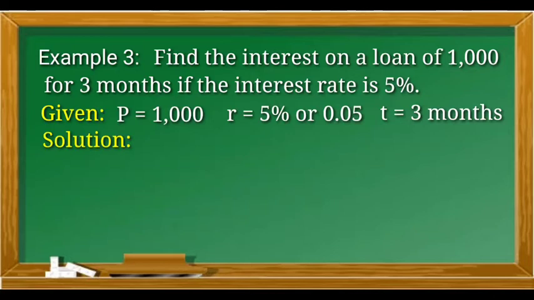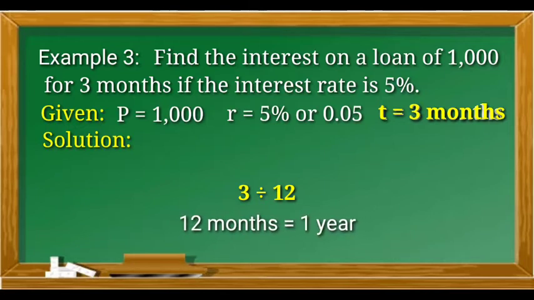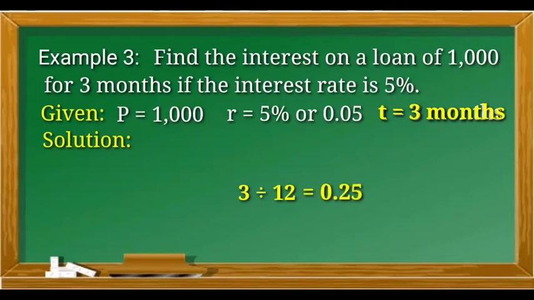Bago natin i-substitute sa formula, kailangan muna nating i-convert yung months into years. Ang gagawin natin, i-divide natin yung 3 by 12. Bakit 12? Kasi there are 12 months in 1 year. So we have 3 divided by 12 equals 1/4 or 0.25.